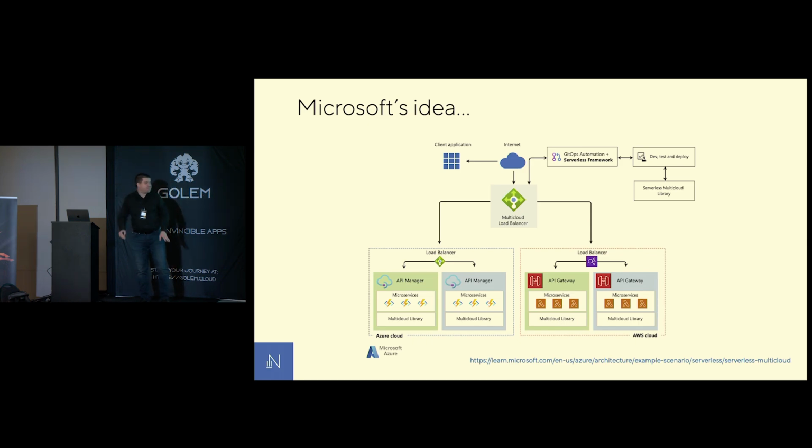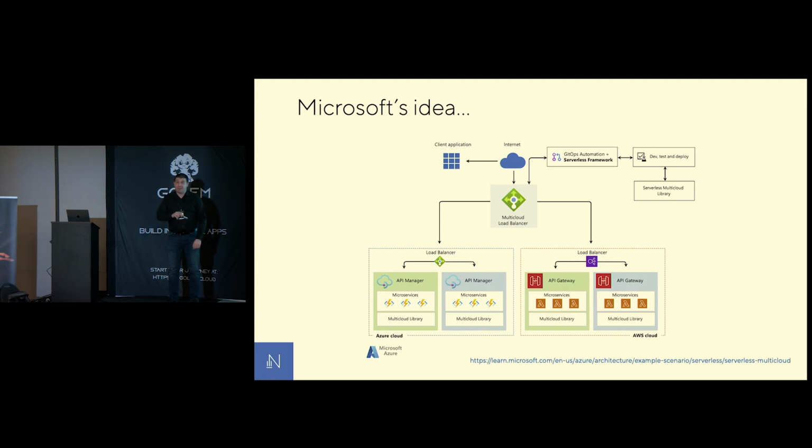That's the philosophy, and this is what Microsoft still publishes on their own website. I'm going to leverage Serverless Framework inside of my deployment process, deploying the exact same serverless code one time to Amazon, the second time to Azure. That was the idea, and then I have a multi-cloud story in the serverless world.